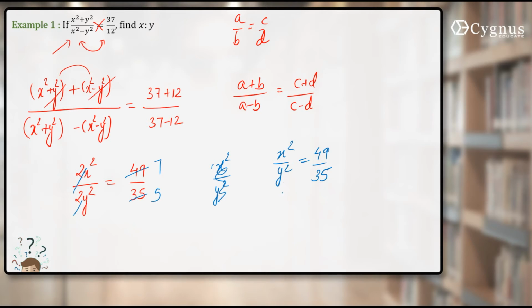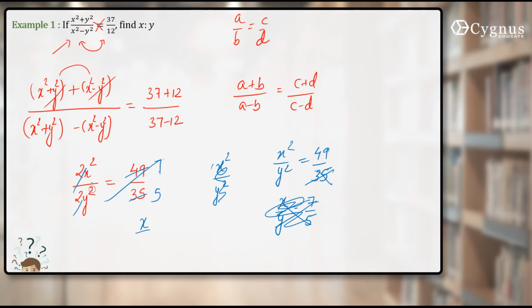When you take the square roots here, what do you get here? x by y must be equal to 7 by 5. No, because 35 is not the square root of that one. So what do we get here? This is the wrong approach. x square by y square becomes 7 by 5. So what is x by y? Sorry, I made a mistake here.